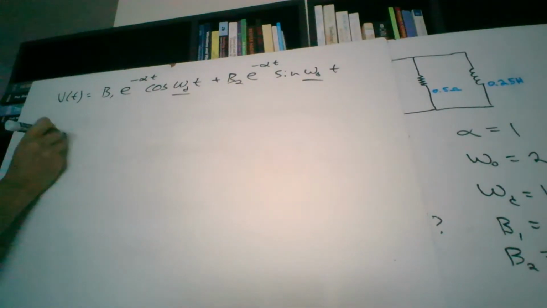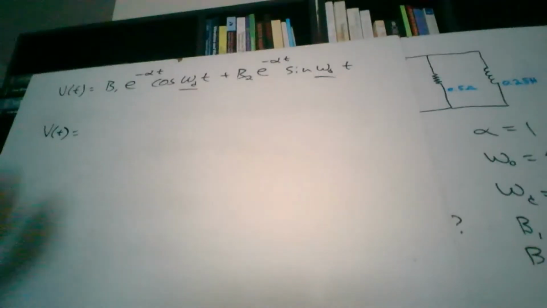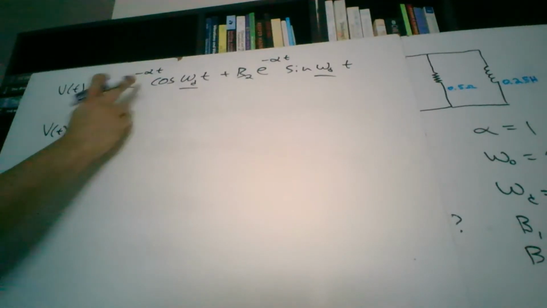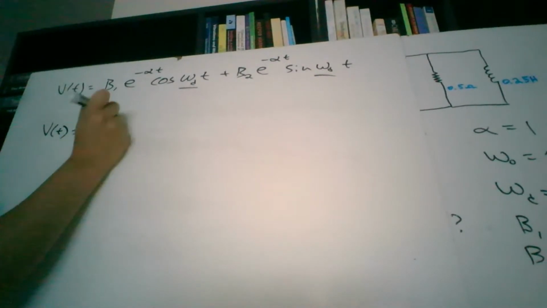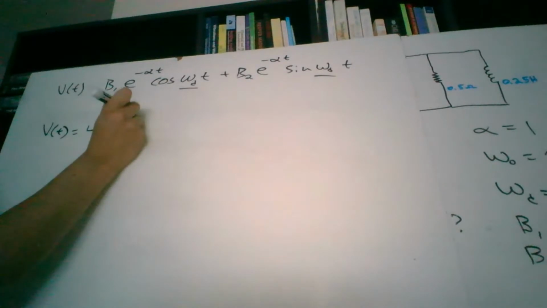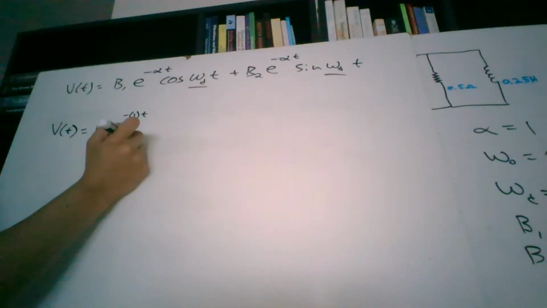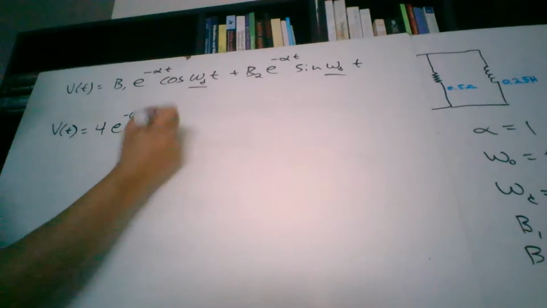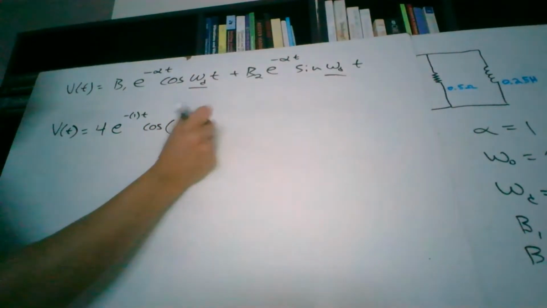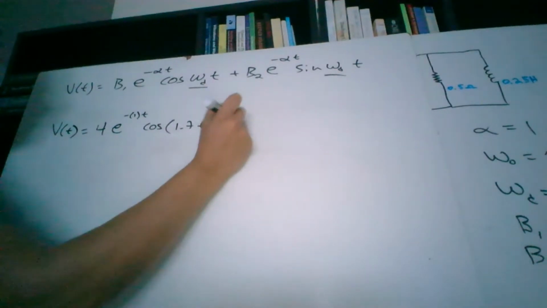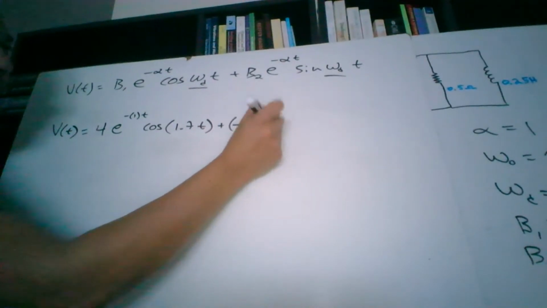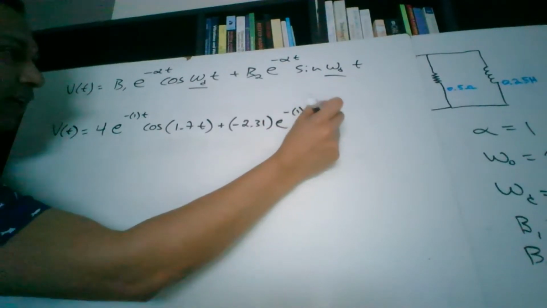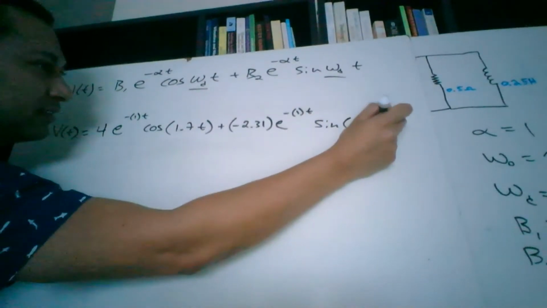So V as a function of t is going to equal B1, which was 4, times e to the power, alpha was equal to 1, so parentheses 1 times t, cosine of omega, which was 1.7, times t, plus B2, which is negative 2.31, times e to the power minus 1 times t, sine of 1.7 t.